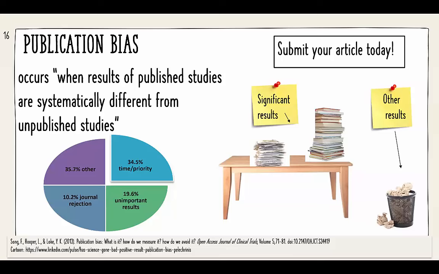Like, was it harmful or beneficial? Those other results kind of go in the trash can. There have been some studies asking people, okay, why didn't you try to get something published? Sometimes it's because they could have been rejected, or they felt like, oh, this is unimportant, nobody wants to read this, and so they don't give it enough time.